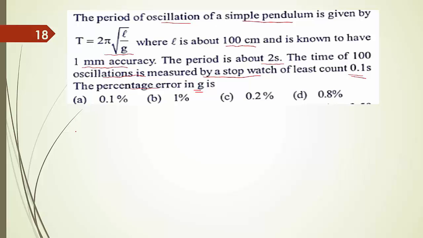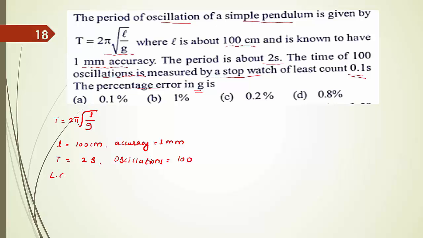First, we can write the given equation, that is T equal to 2 pi root of L divided by g. Here the L value is given as 100 centimeter, and it has 1 millimeter accuracy. Similarly, the time period is given as 2 seconds. 100 oscillations are measured by a stopwatch with least count 0.1 second.